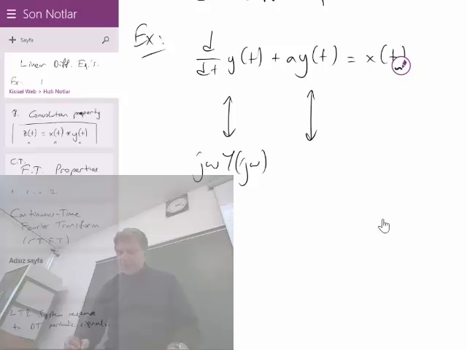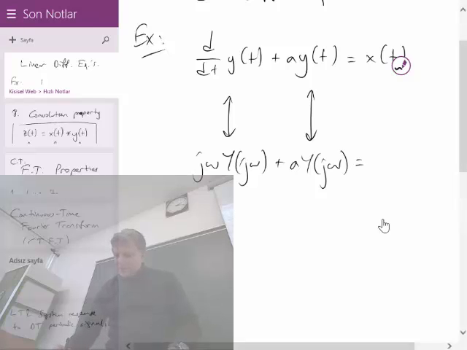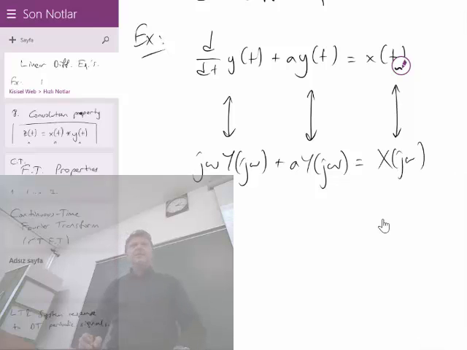And the Fourier transform of this part is plus a times y of j omega is equal to this part of the equation, x of j omega, isn't it? So it truly looks like the s times ys plus ays is equal to xs. That's what you have been doing in differential equations. And s is equal to j omega. It comes from the property that we have seen last week.